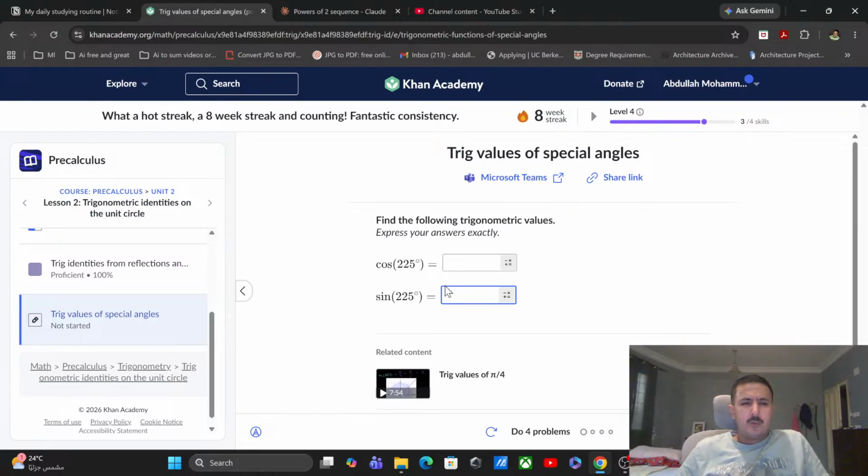Trig values of special angles. I think I'm gonna use a calculator. Cosine 225 degrees.